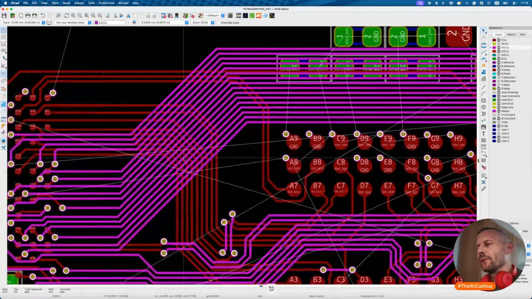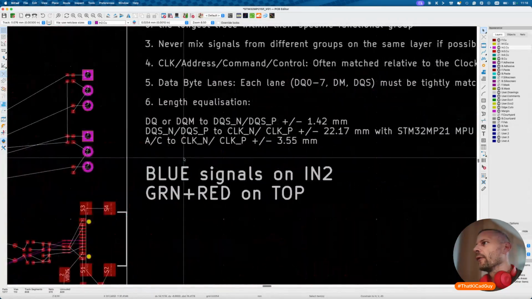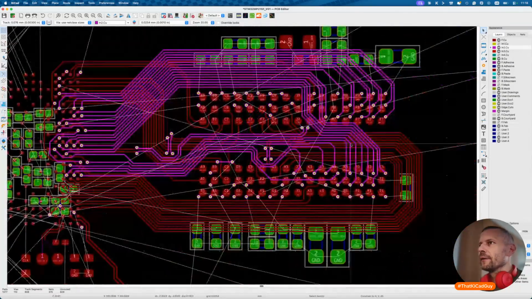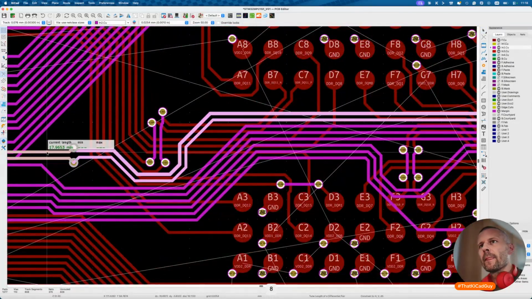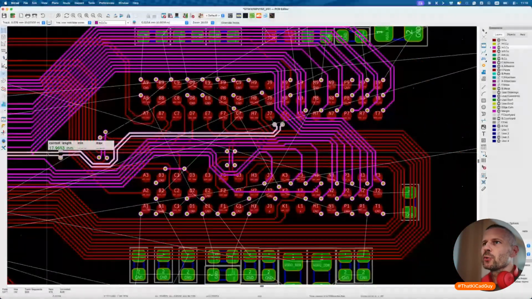Okay, so all the ACs plus minus 3.55. So 14 to 21, yeah, too short. So the clock is too short.